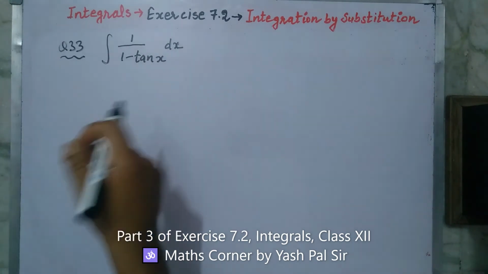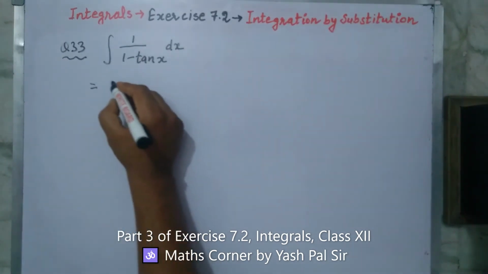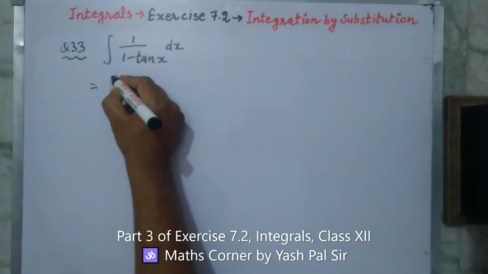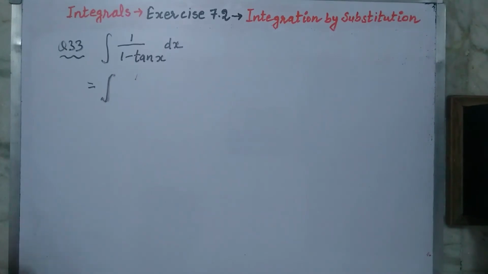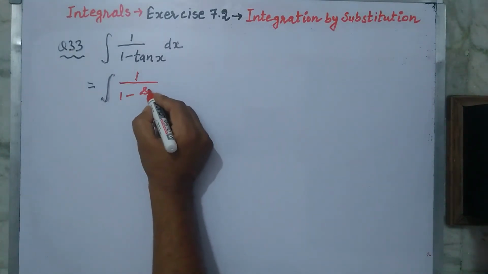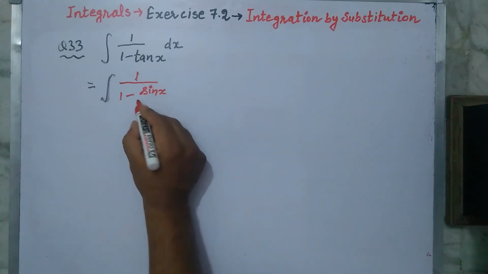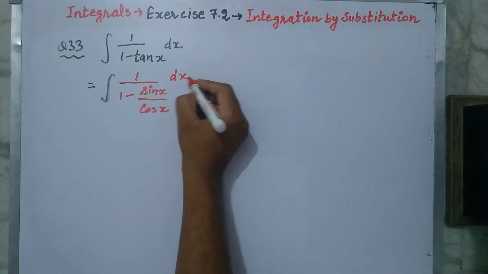Question number 33 is also the same. This is equal to 1 upon 1 minus tangent x. We can write this as 1 upon (1 minus sin x upon cos x) into dx.